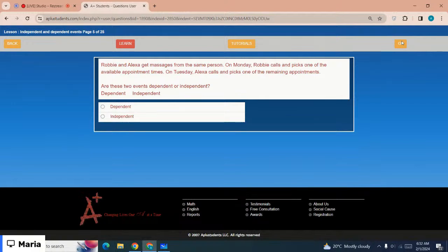Robbie and Alexa get messages from the same person. On Monday, Robbie calls and picks one of the available appointment times. On Tuesday, Alexa calls and picks one of the remaining appointments. Are these two events dependent or independent?